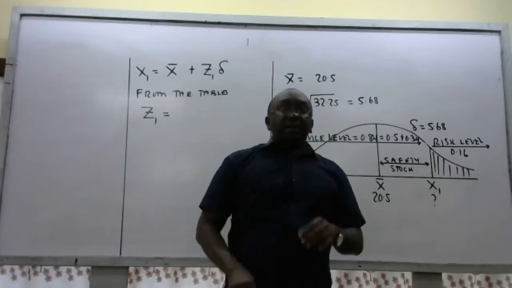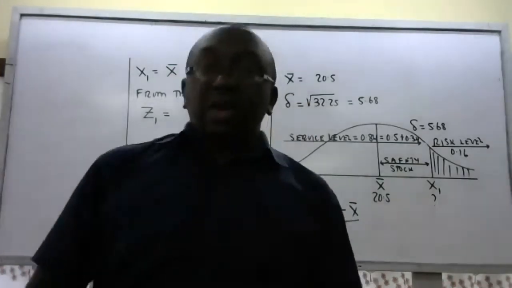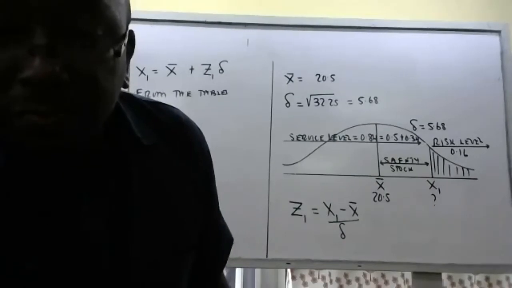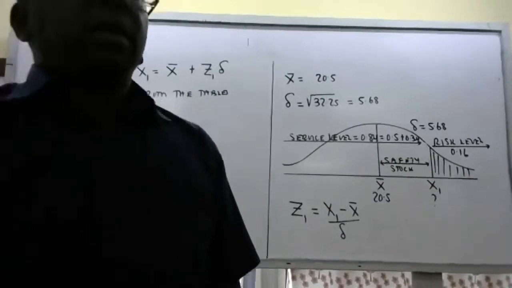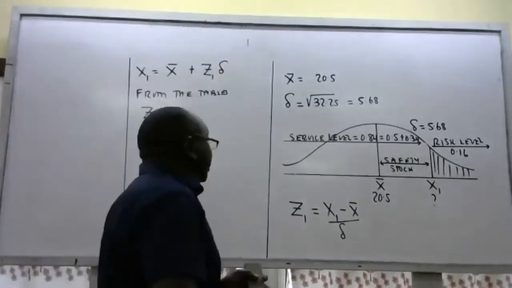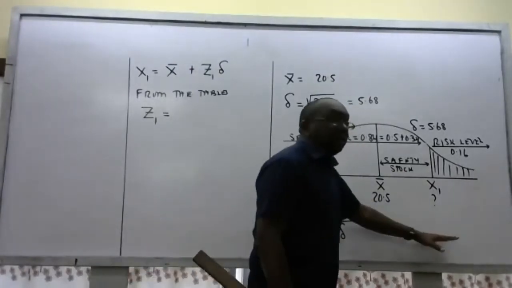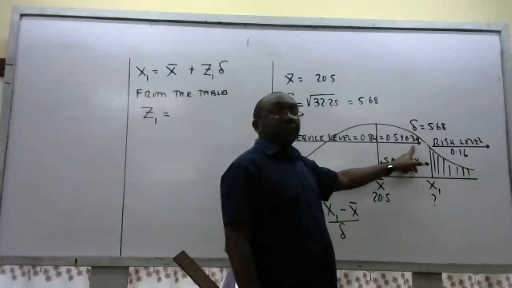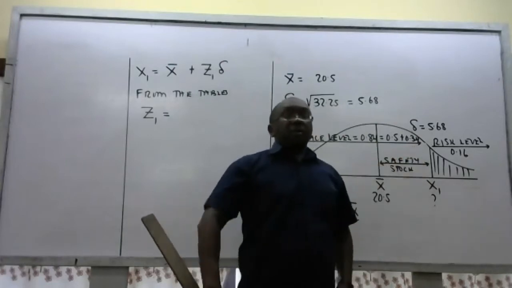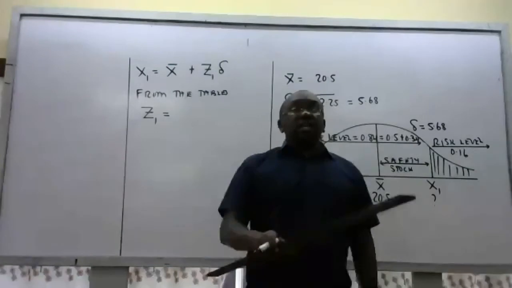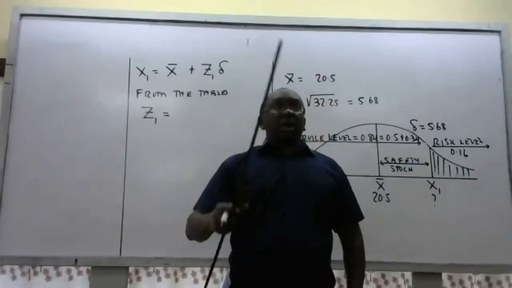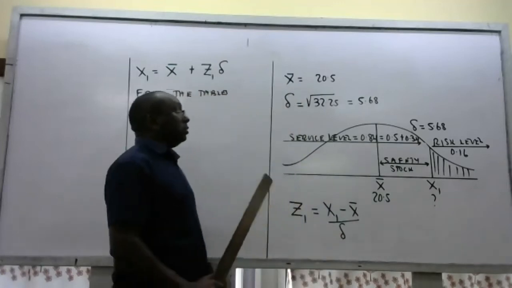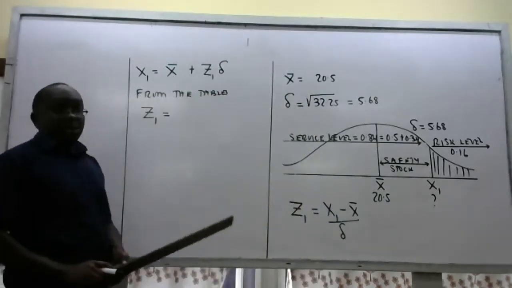So you get inside the tables, where they would have 0.34. Then you read the value in the row and the value in the column.